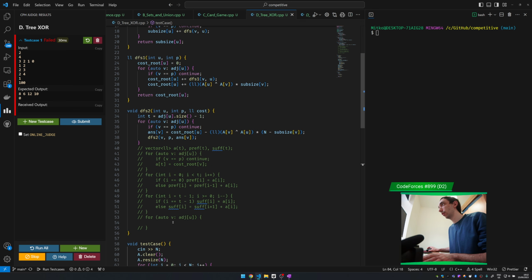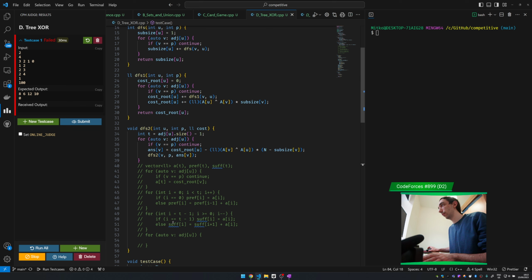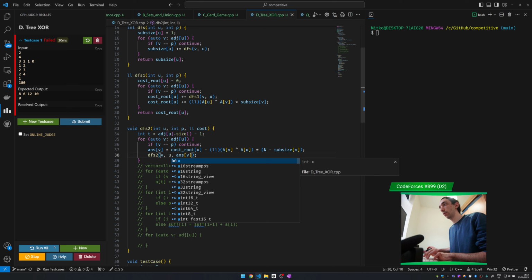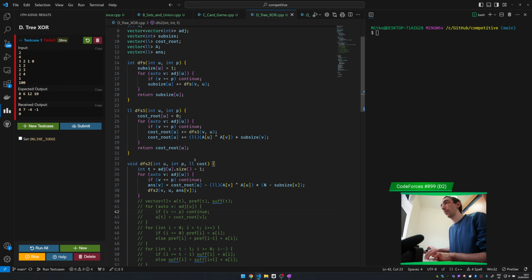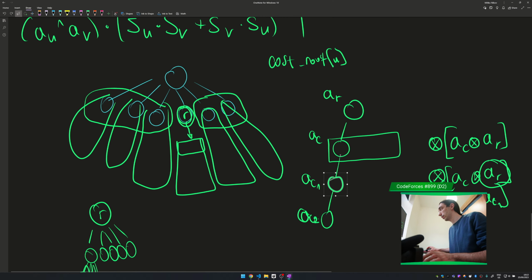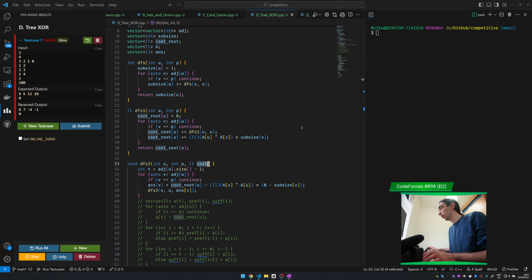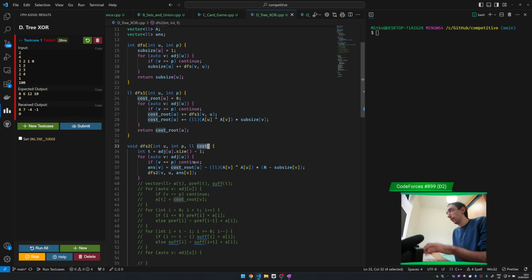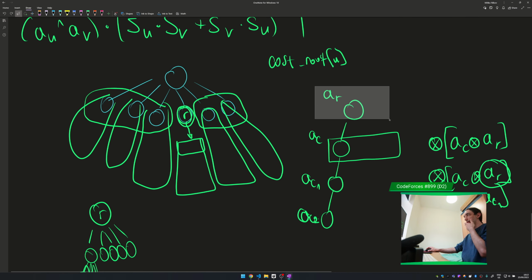Why? Of course, this is, yeah. So we need to propagate the cost down. The cost is propagated down when this is the cost of.